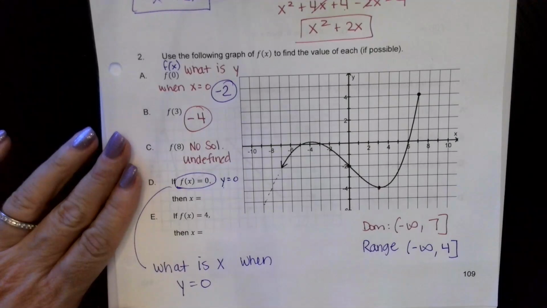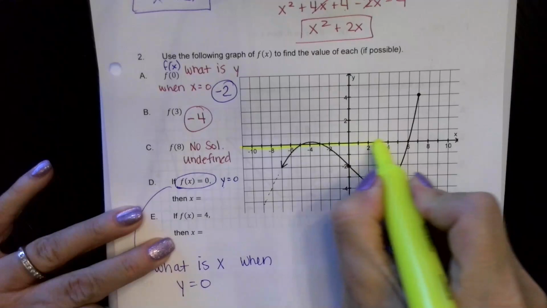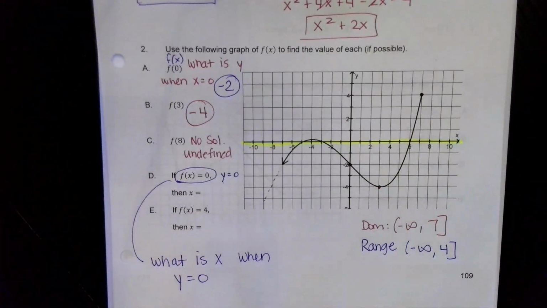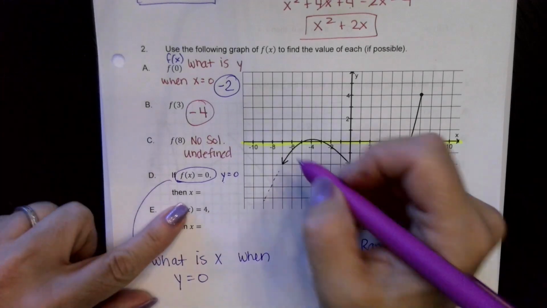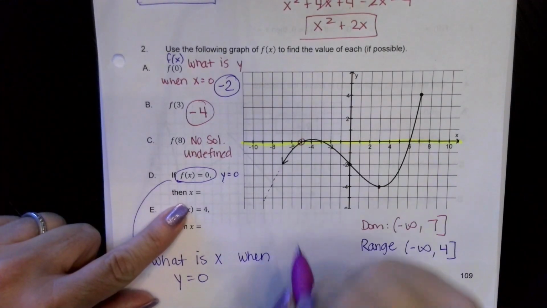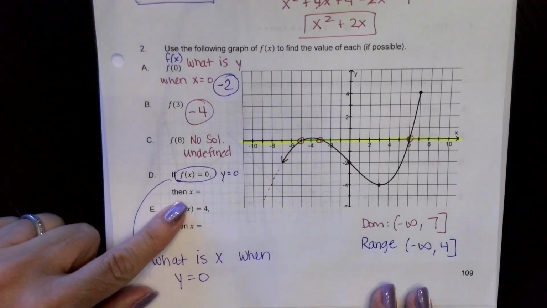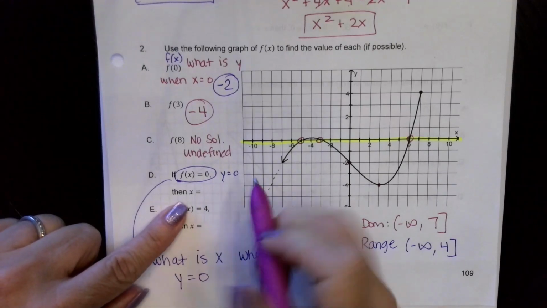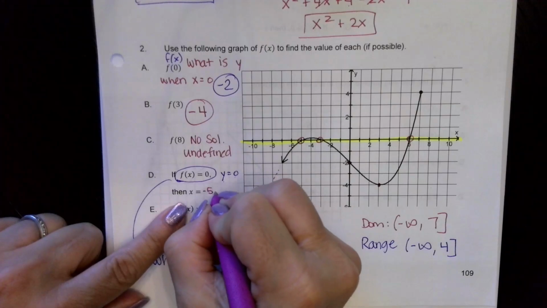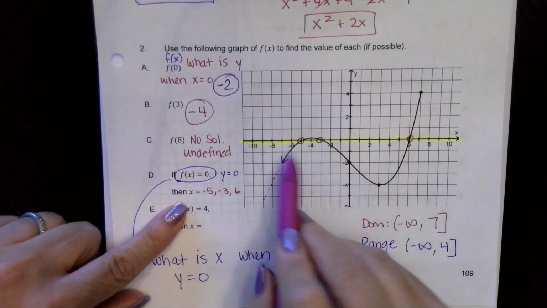So if I go over here, and I'm going to just highlight this, this is my y equals 0 line. Well, here's what we notice. We hit here, we hit here, and we hit here. So this time I have 3 answers. So when y equals 0, x equals negative 5, and negative 3, and positive 6.